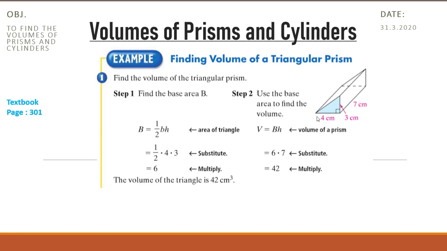We have a base length 4 centimeter and the height 3 centimeter. So the base area is 6 centimeter square. And now to find the volume, multiply the base area by the height, which is 7. So multiply 6 by 7. The volume is 42 cubic centimeter.